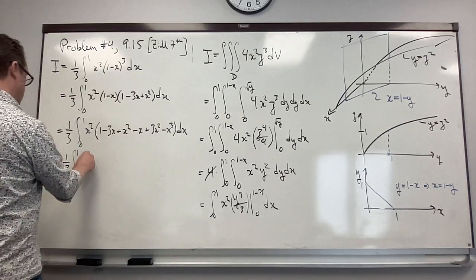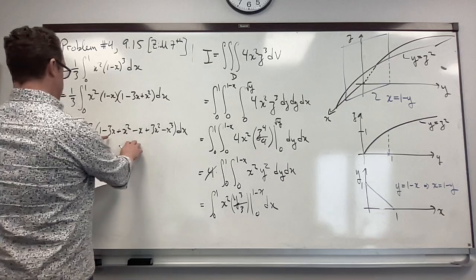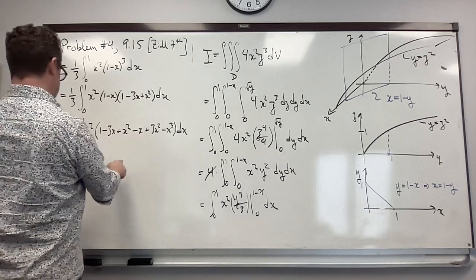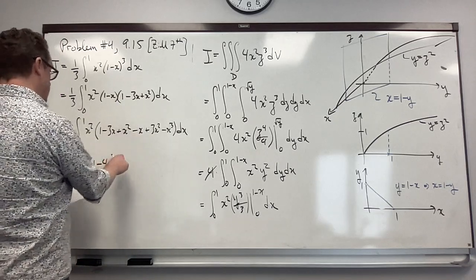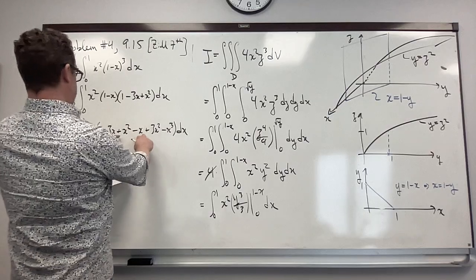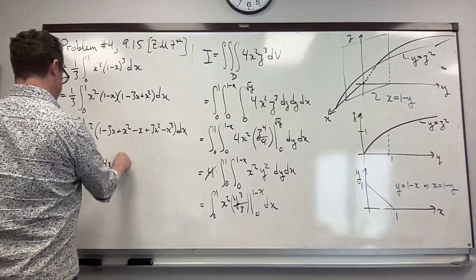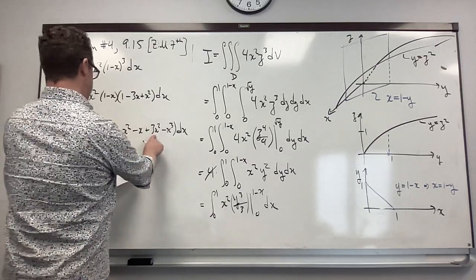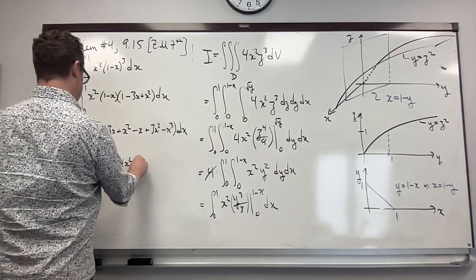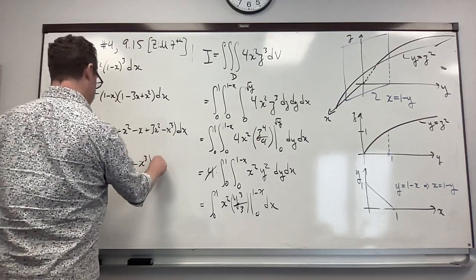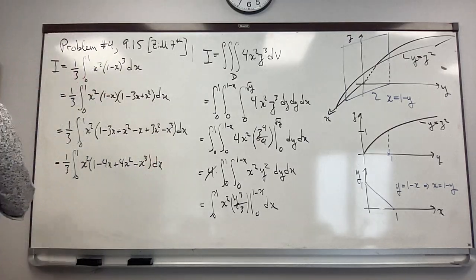Let's go slow here: 1, and then the x's, so minus 4x plus 4x squared minus x cubed, dx.